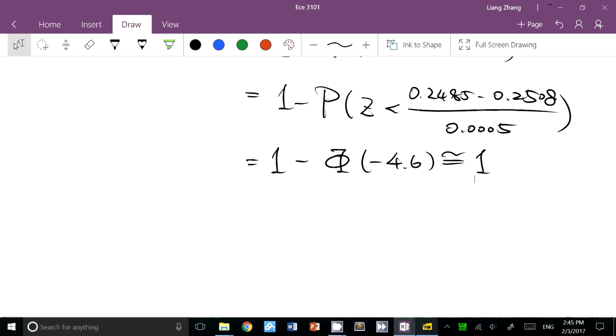Okay, so this is one example that we can do. Now we can do other calculations as well.